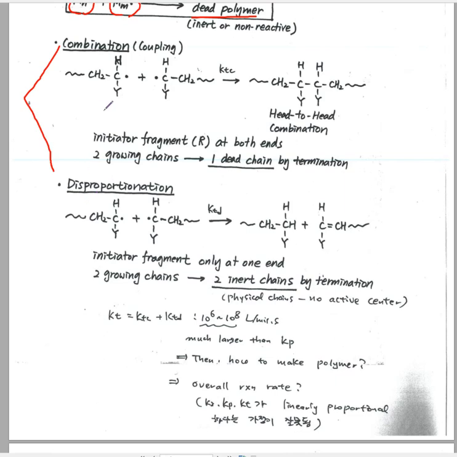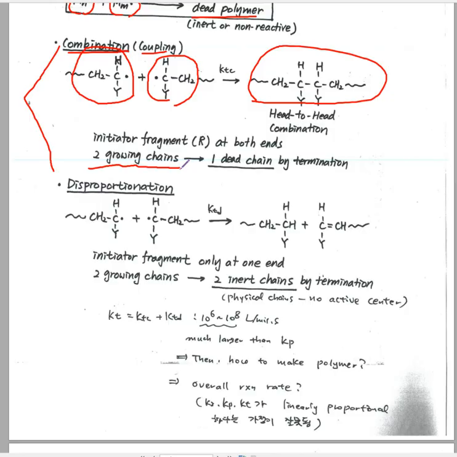As the name indicates, combination or coupling means two long chain radicals react with each other, forming a longer chain. So from two growing chains, we form one chain, and the length of the resulting chain would be the sum of these two growing chains, right?